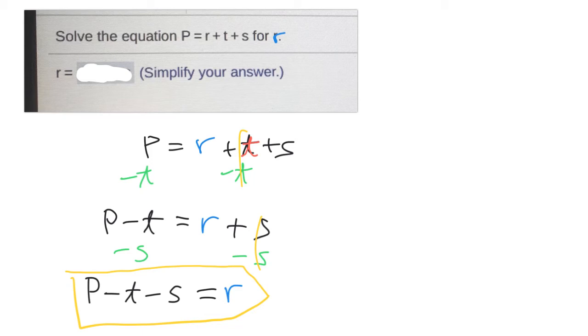Now, maybe the answer in the textbook or in the computer program would be P minus S minus T. That's fine, but one way or the other, something like this would be the answer.